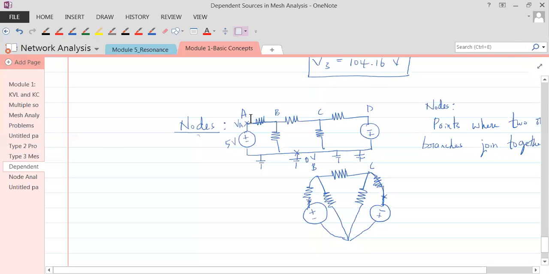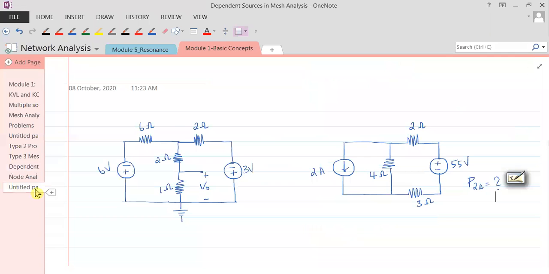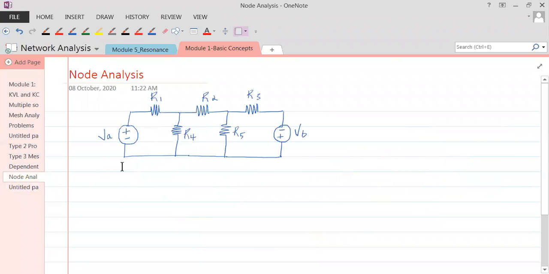So when I know the node voltage at A, I don't again apply KVL there. I am not interested in marking it over there. Similarly here, suppose I mark this as node 1.